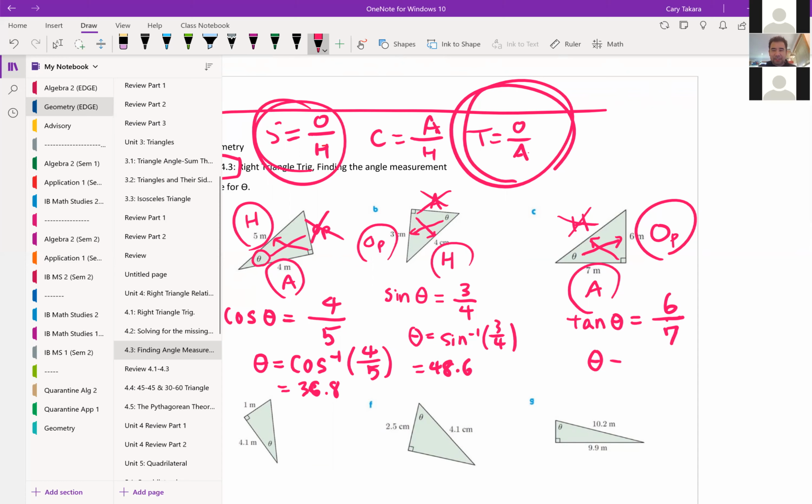So theta equals, again, you're going to use inverse, okay? Inverse tangent of 6 divided by 7. Very good. 40.6. Okay, who's next?